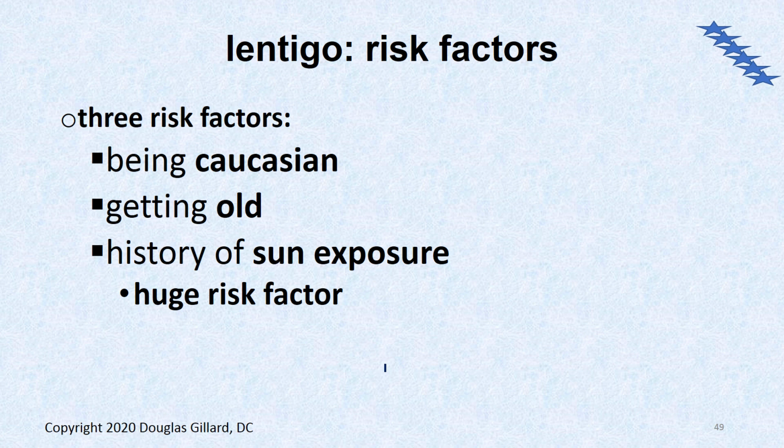What are the risk factors for getting this? Sun exposure is a risk factor for all of these cancers. Huge risk factor. Just getting old, that's where the senile comes from, and the old age spots. Caucasians tend to get this. They're not protected against the sun like people of color are.